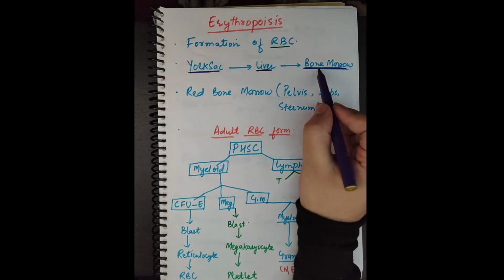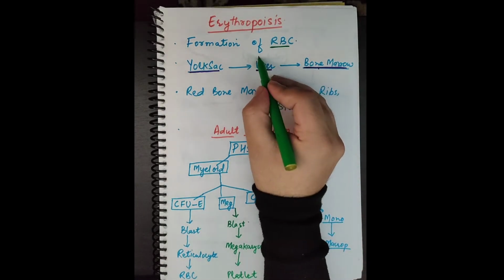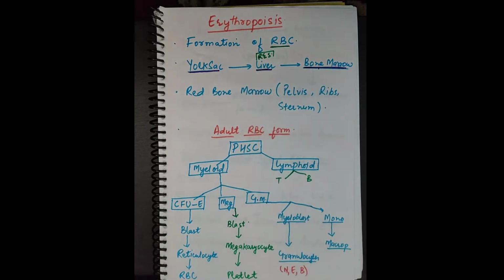And once the bone marrow is formed, the function of RBC formation is taken over by the bone marrow. So first RBCs are formed in the yolk sac, then in the liver, and then in the bone marrow. Along with the liver, the spleen and the cells of the reticuloendothelial system are involved in the formation of RBCs. So in mature individuals, it is the bone marrow which is involved in the synthesis of RBCs.